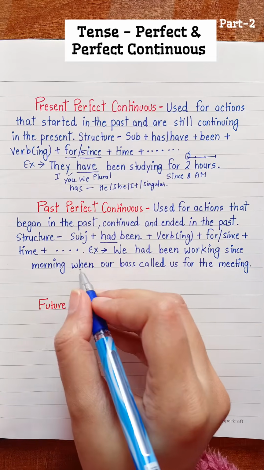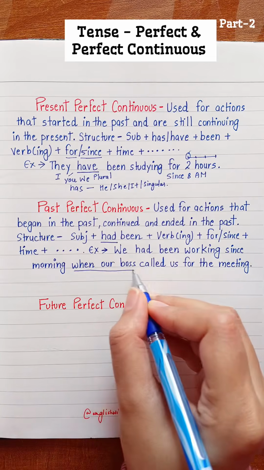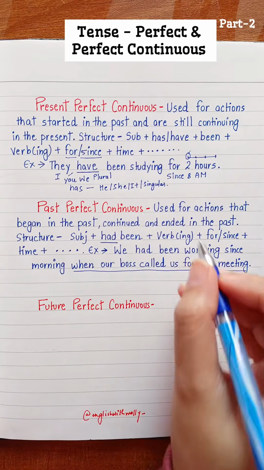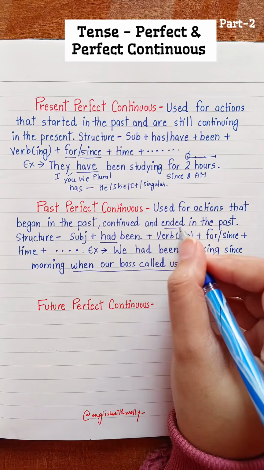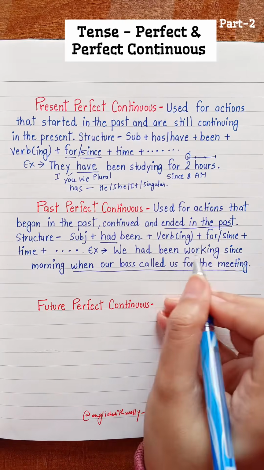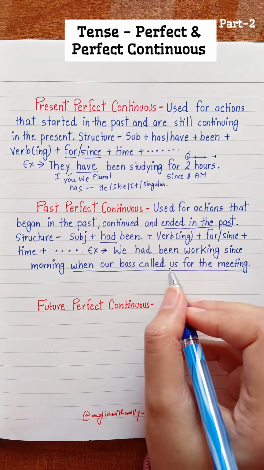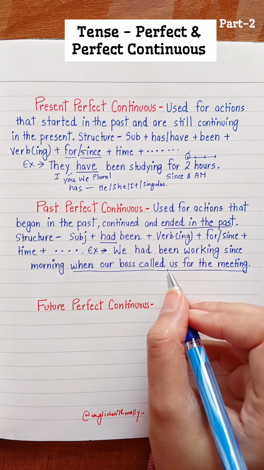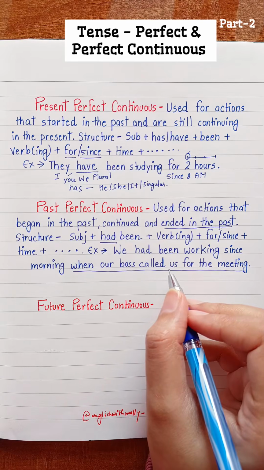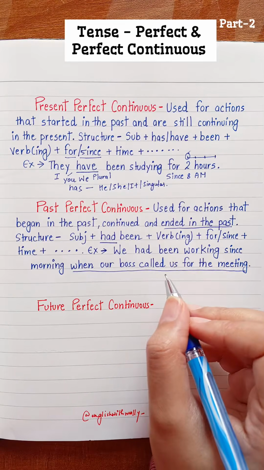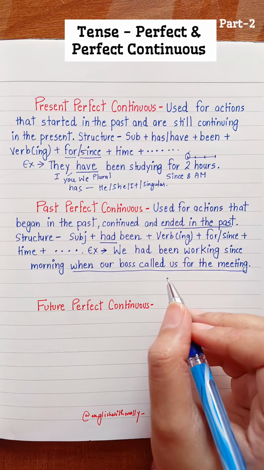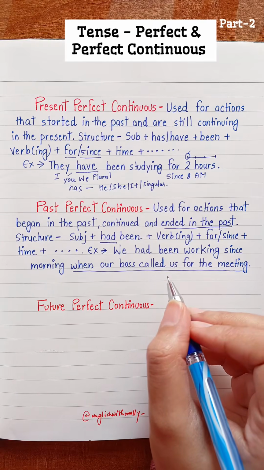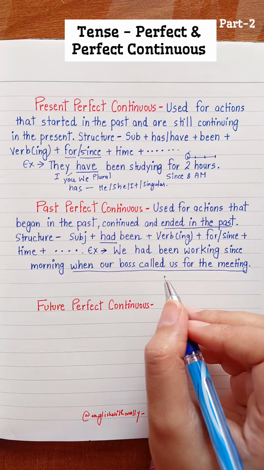When our boss called us for the meeting is that point of time in the past when the action ended. Past perfect continuous tense tells us that some kind of action started in the past, continued for some time, and also ended in the past.